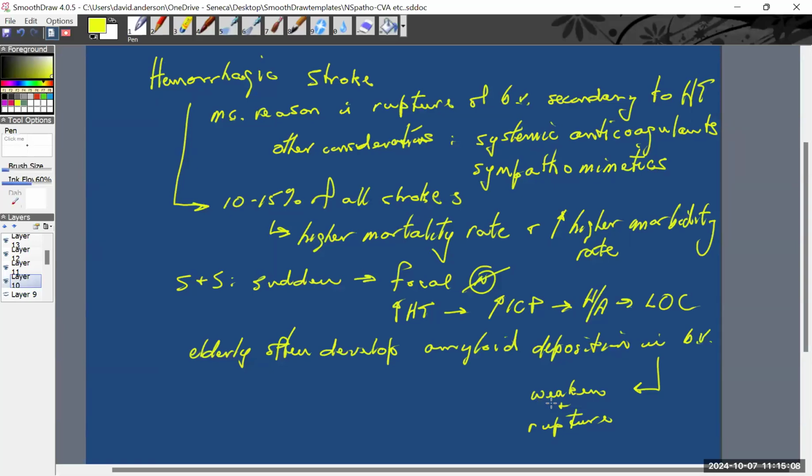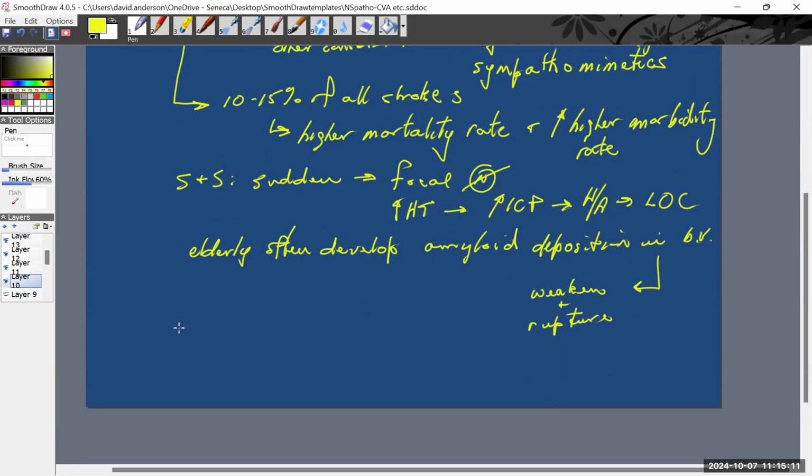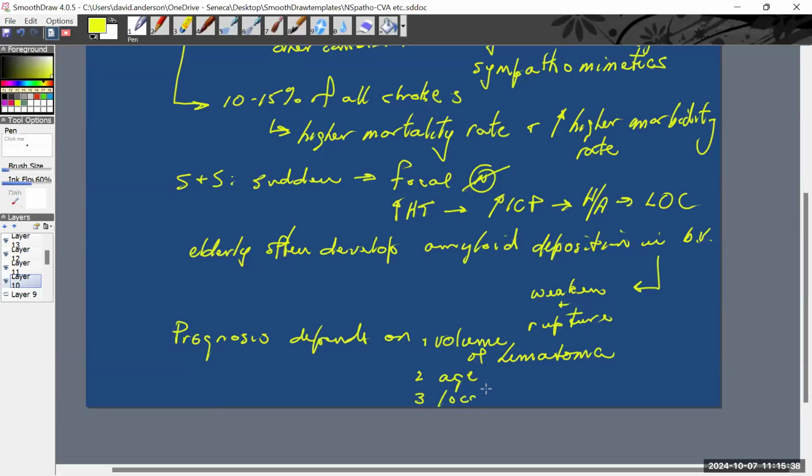The prognosis is ultimately dependent on the volume of the blood mass, age of your patient, location of the bleed, and rate of compression onset.